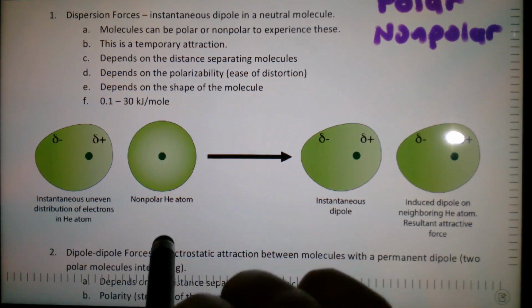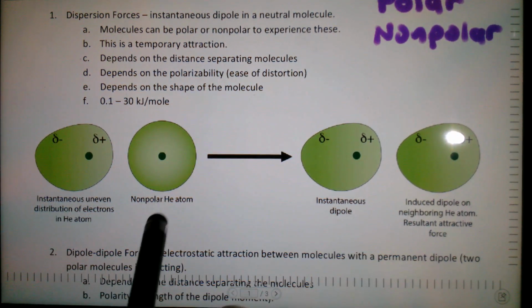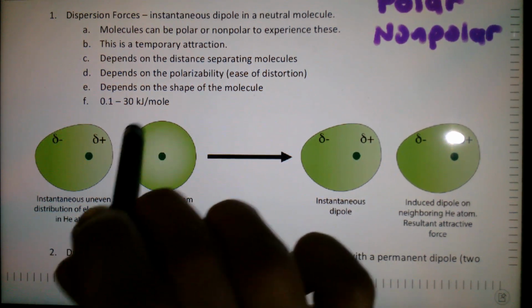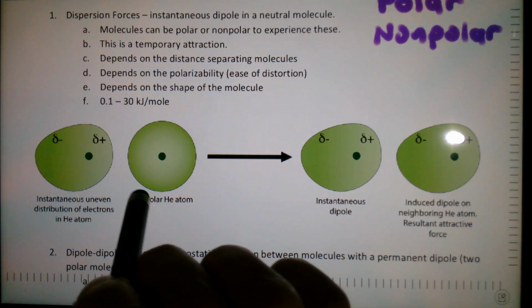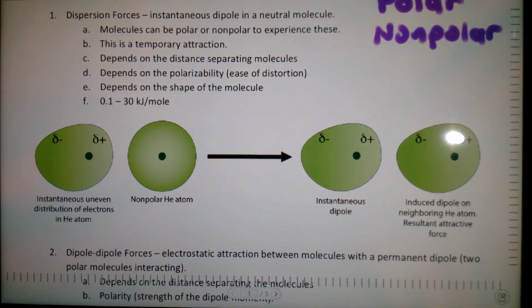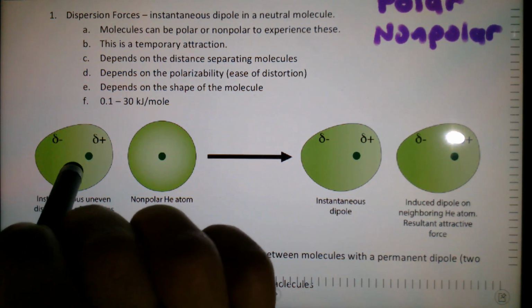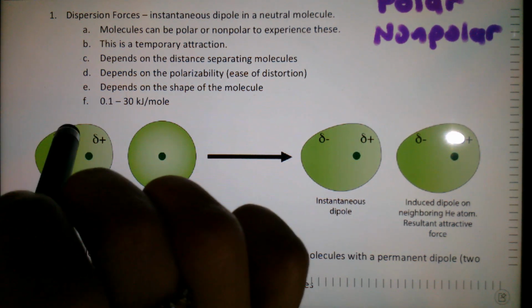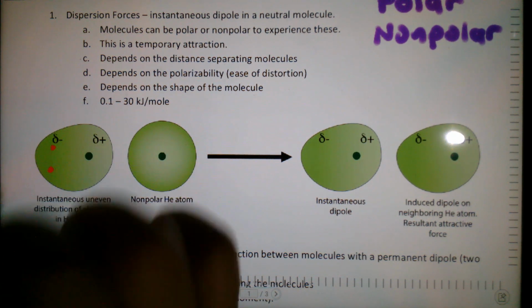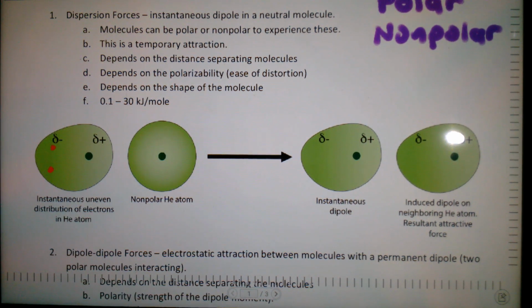Okay, so what happens is, let's, for example, say we have helium atoms. So this helium atom here has all of the electrons evenly distributed and is overall very neutral. This helium atom, for example, helium has 2 electrons. Let's say the electrons are over here on this side of the atom.